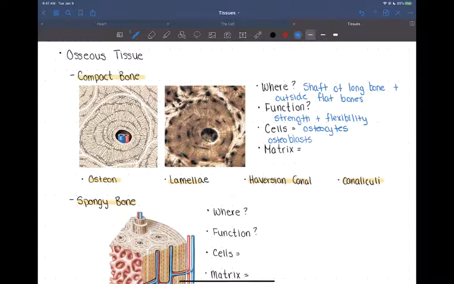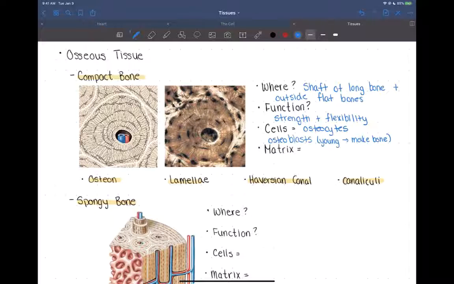All right, so these are going to be very young bone cells, right? So these are going to be bone cells that are making new bone when your bones are growing. Okay, so these are going to be young bone cells, right? And they can make bone. They lay down that matrix, that ground substance. All right. And so we're going to learn all about that in a different chapter.